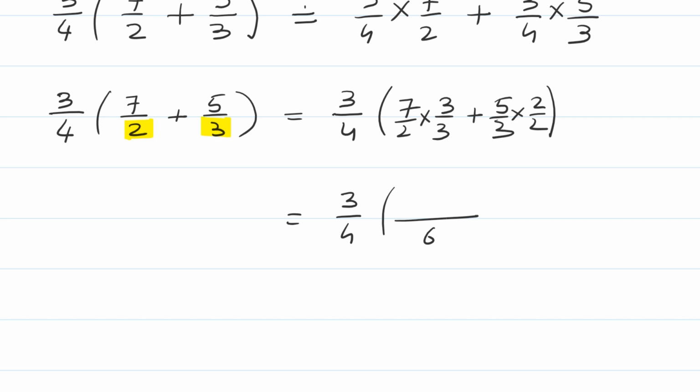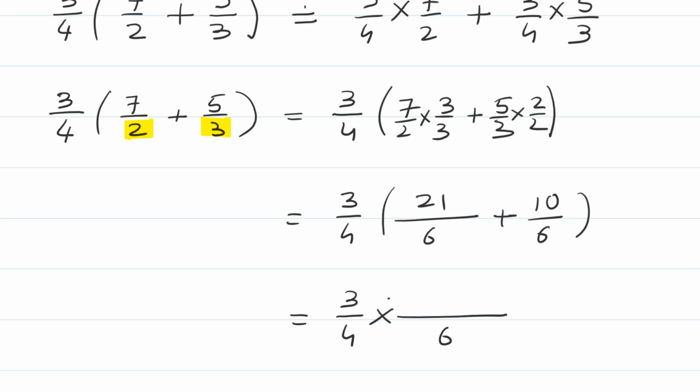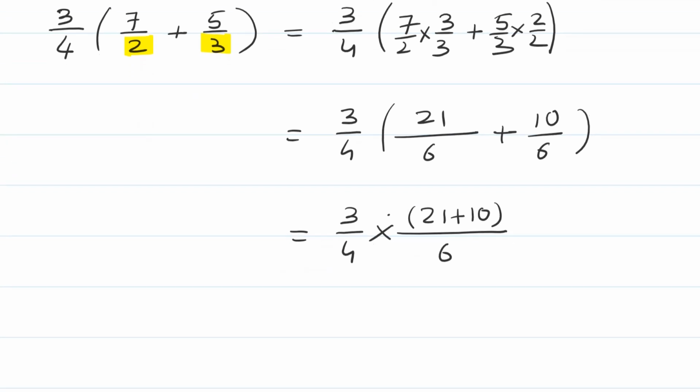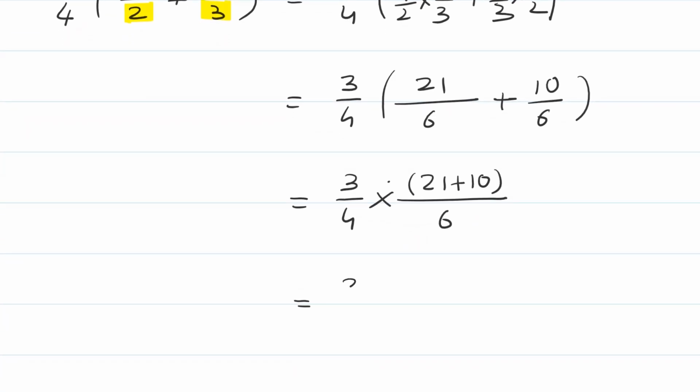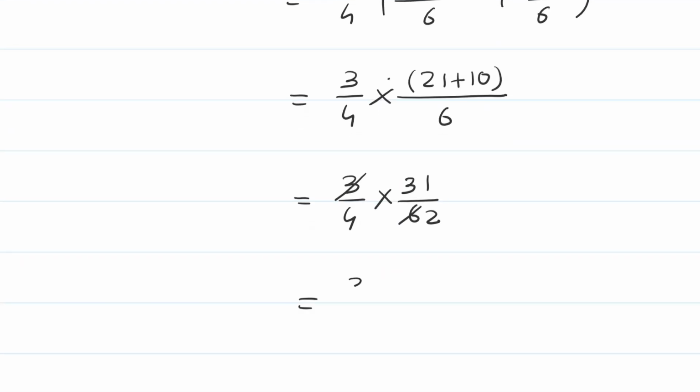LCM is 6. 21 by 6 plus 10 by 6. 3 by 4 into bracket 21 plus 10, 3 by 4 into 31 by 6. Left hand side is equal to 31 upon 8. Now we will compare LHS with RHS.